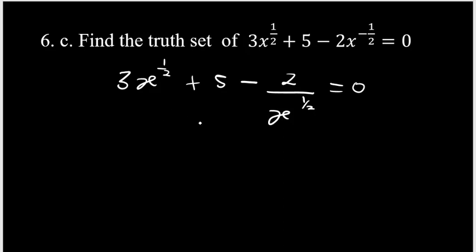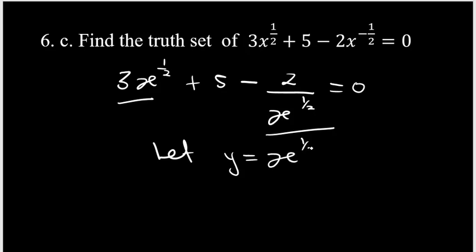Now the x^(1/2) we can see clearly in the first term and then the last term. So in that case, we can do some representation. Let a variable of our choice, so let's say let y be equal to x^(1/2). Wherever we see x^(1/2), we substitute y there.